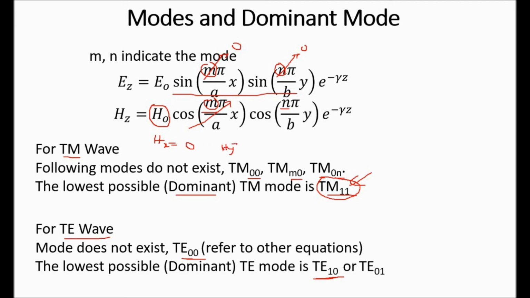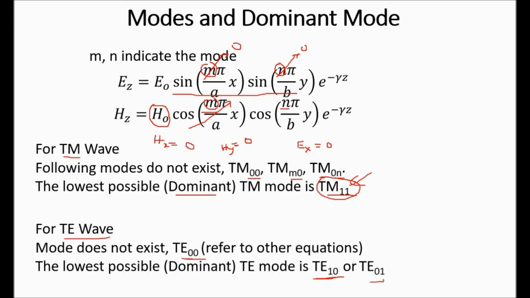But if you put just one of them as 0, like m equal to 0, then the wave is still a function of cosine y, so it is possible. And if you put n equal to 0, then Hz is still a function of x. That's also possible.